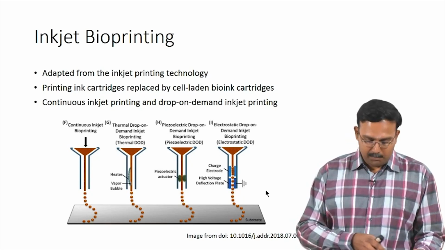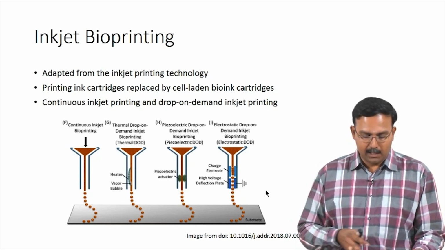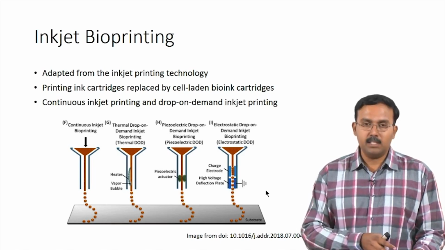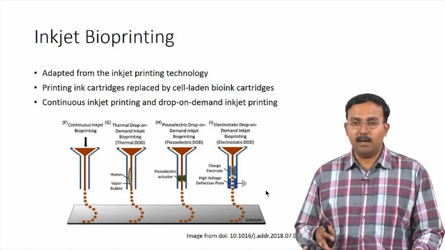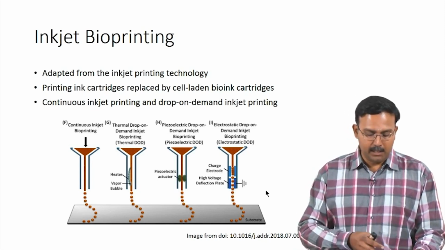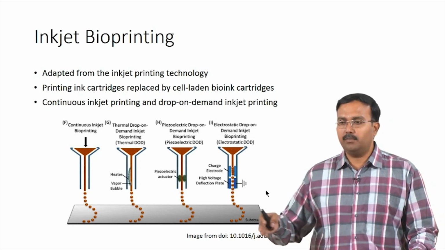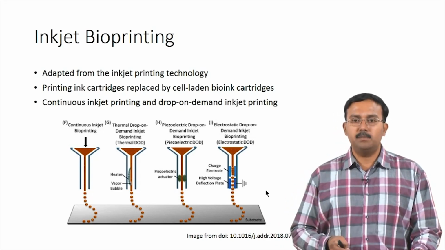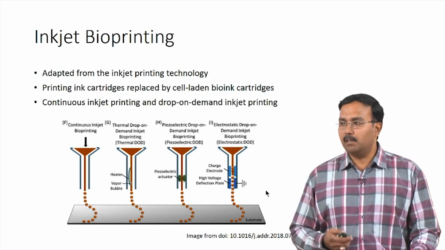These are some of the common inkjet printing technologies. They can be classified as continuous inkjet printing and drop on demand inkjet printing. In continuous inkjet printing your drops will be continuously formed, whereas in drop on demand, depending on the stimuli being given, you will have drops being formed.